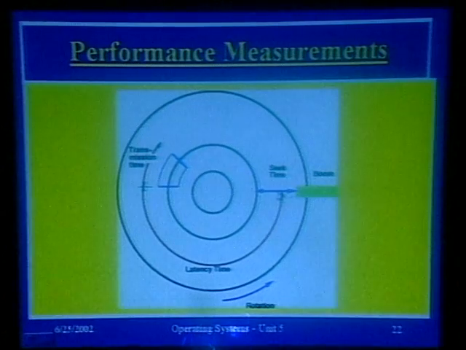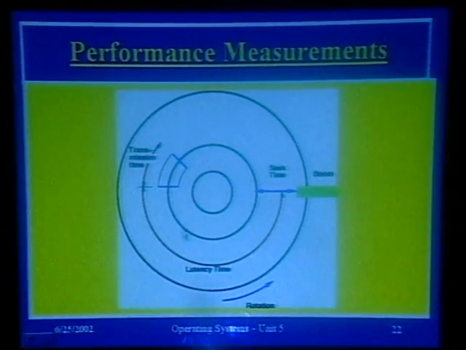The performance of the disk is a function of three things. The seek time is one element which has influence on the speed with which we can read the information. The second element is the latency time.